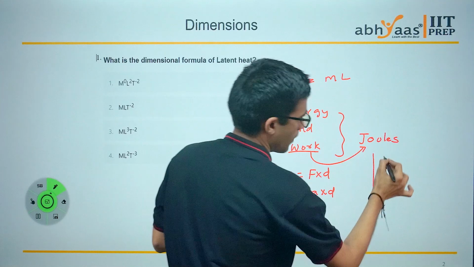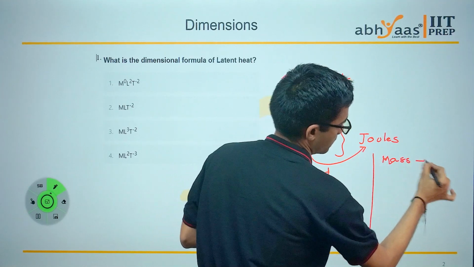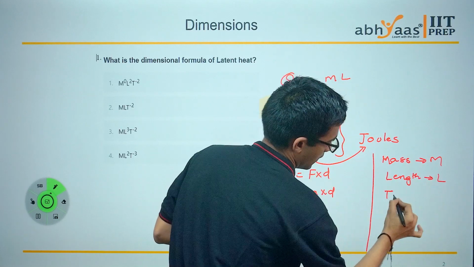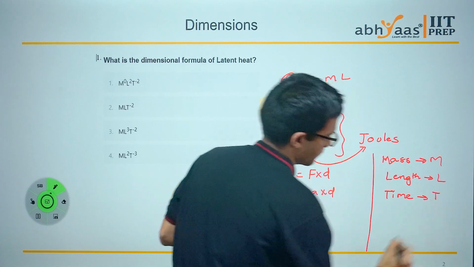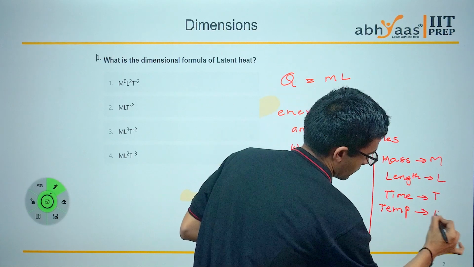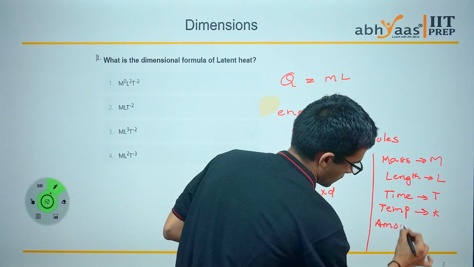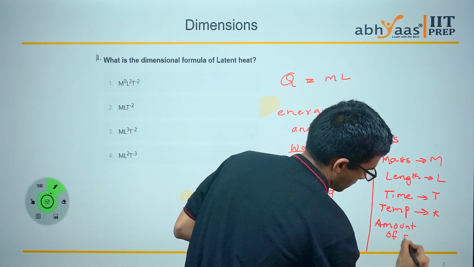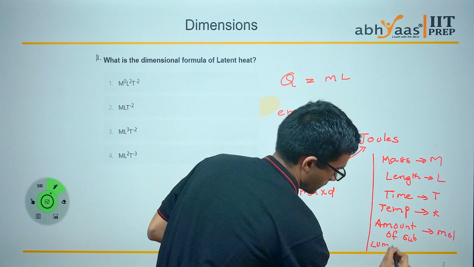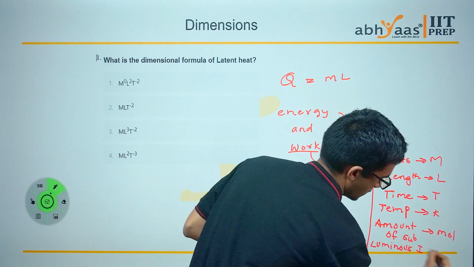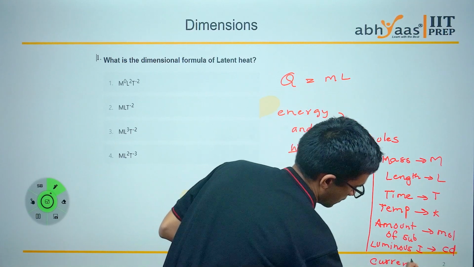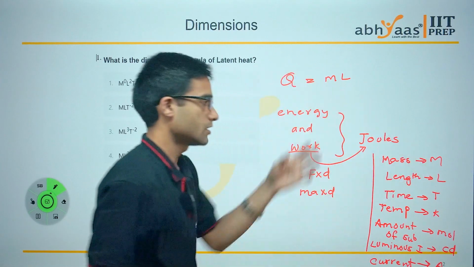Mass is written as M, length is written as L, time is written as T, thermodynamic temperature is written as K. Amount of substance is written as mol, luminous intensity is candela, cd, and current is amperes, capital A. These are the 7 fundamental units.